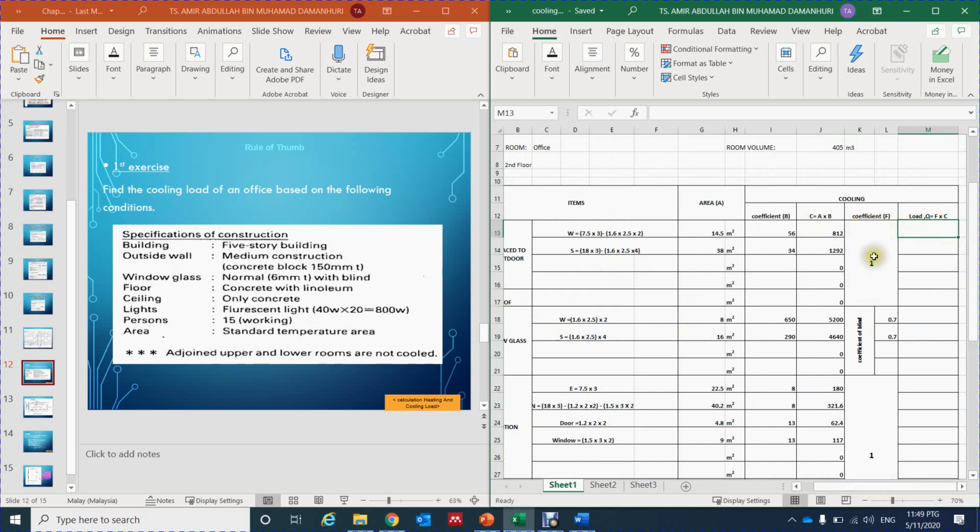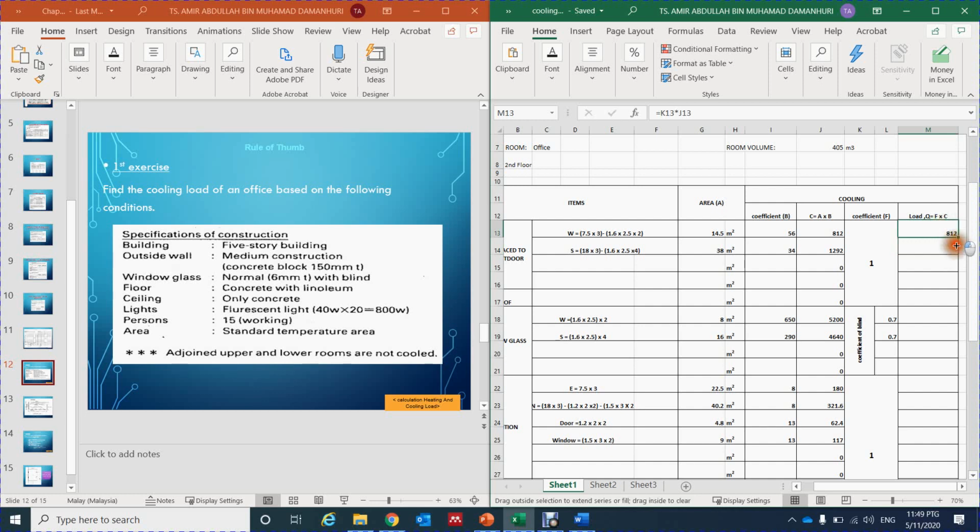Okay, and then the load that we should measure is Q equal to F, which is the correction here, times C, which is here. So we have to do it one more time, equal to here times C here.